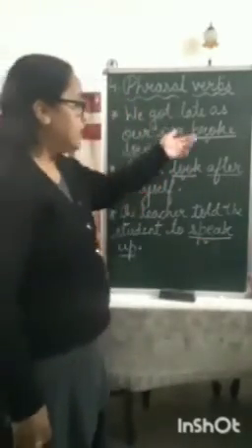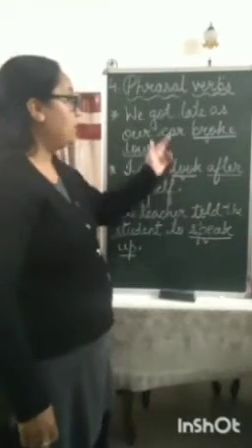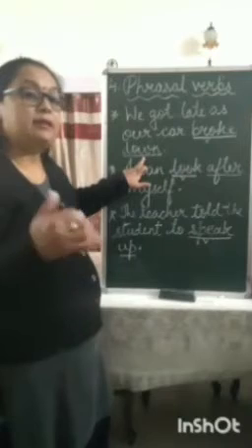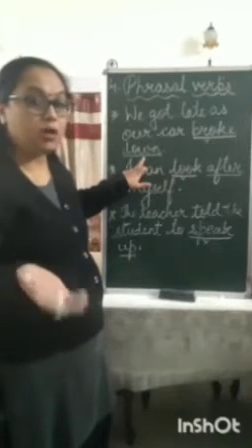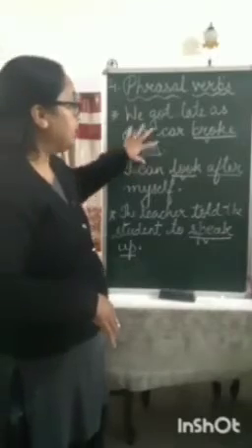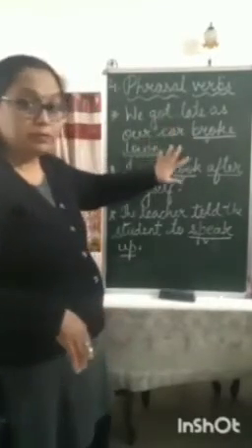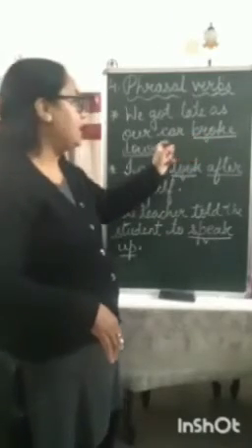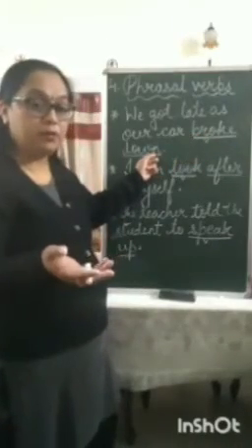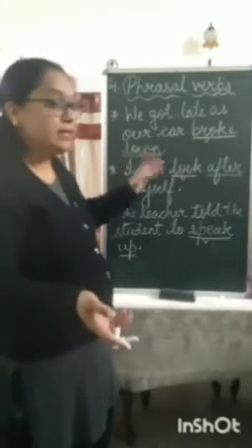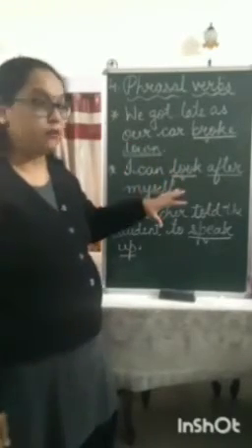But these verbs are followed by another word which can be either a prepositional word or an adverb. Okay, so these kinds of verbs which are made up of 2 words, one is the verb form and the second part of the verb can be a preposition or an adverb. So these kinds of verbs are called phrasal verbs.